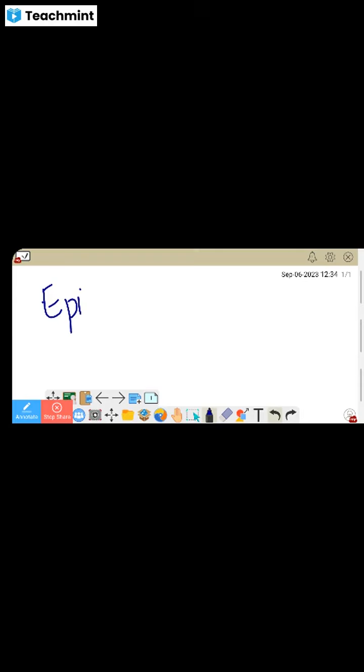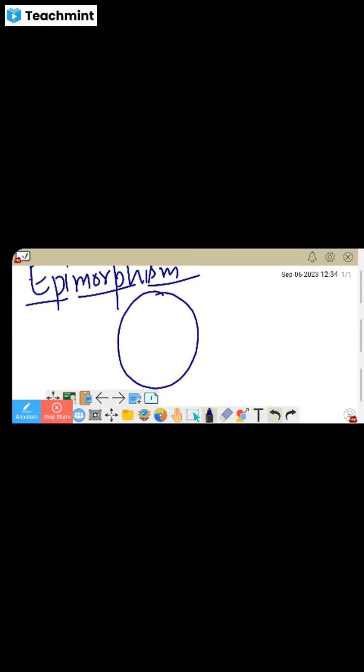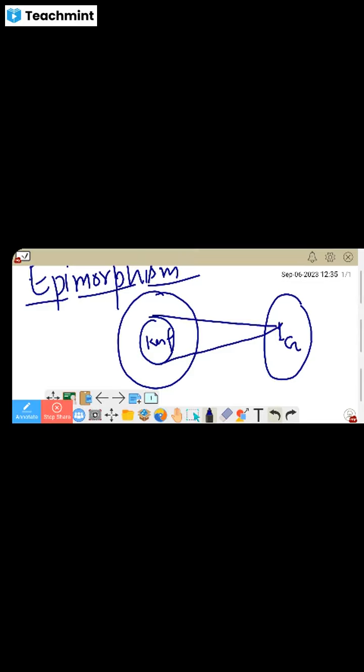We have this G. In this, we have kernel F and this image. We have the identity element, and with the identity element, all of kernel F is associated, because all those elements in kernel F are associated with the identity element.